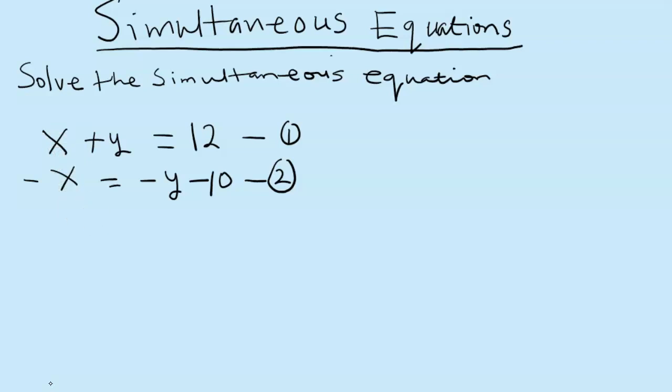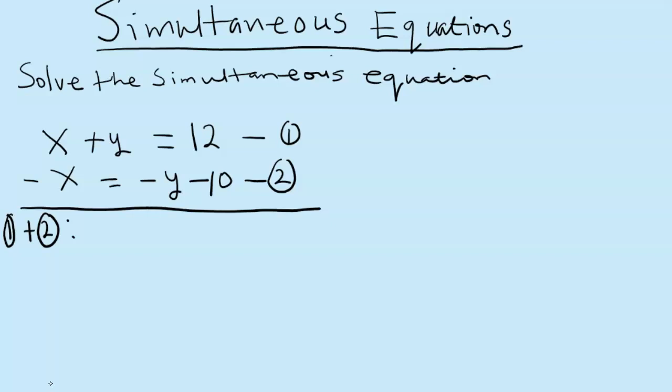Okay, so here, let me underline the whole thing. We are adding equation 1 plus equation 2. So here we are adding x plus negative x. You realize that again it's going to be 0, but there is a y here.